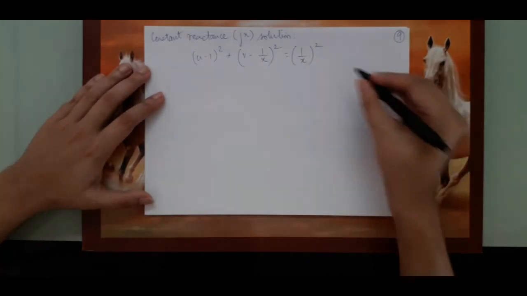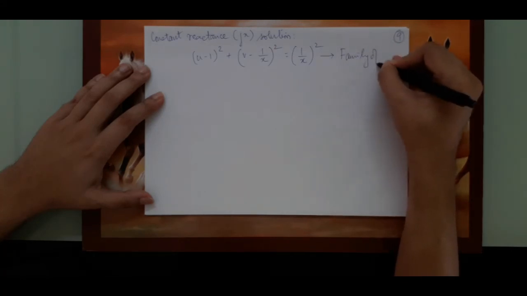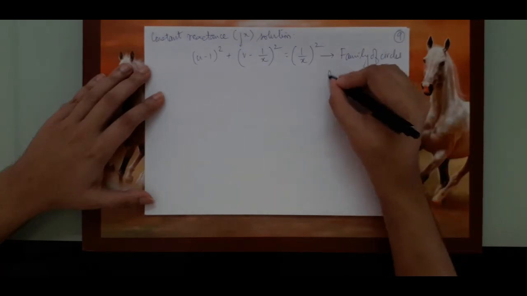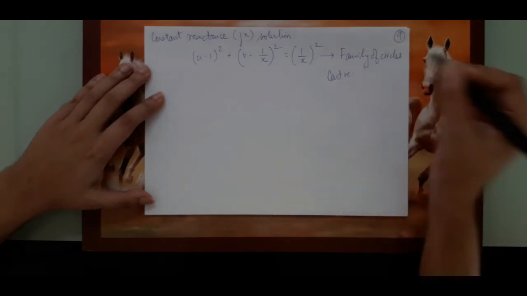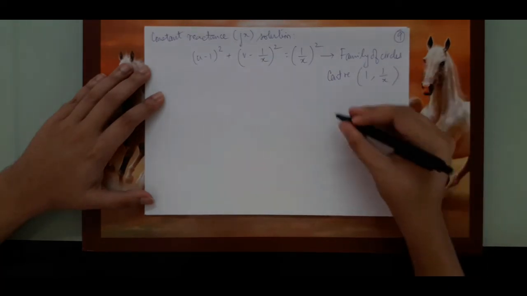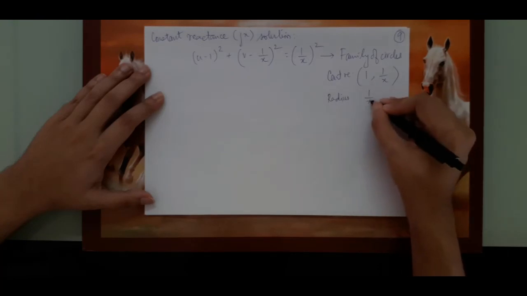So this is again a family of circles whose center is 1, 1 by x and radius is 1 by x.